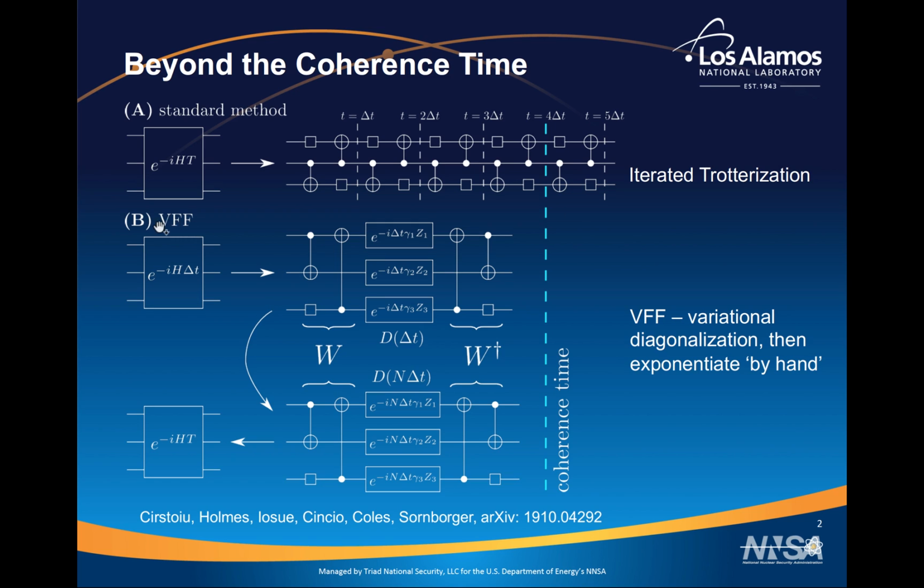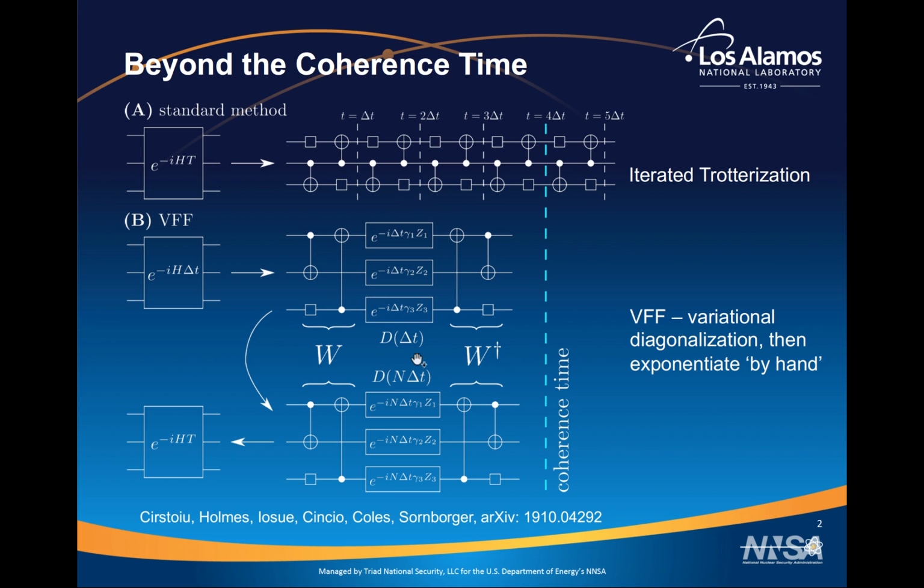Our approach, which we call variational fast forwarding, or VFF, takes a simulation unitary, we then trotterize it, but then we compile it into a particular form, which looks like this. It's a unitary W with a diagonal unitary and then the Hermitian transpose of the original circuit unitary. And so what you can see here is that with this form, we've diagonalized the original trotterized quantum simulation Hamiltonian.